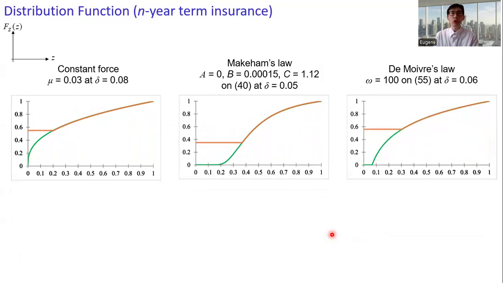And then for the n-year term insurance, when Tx is greater than n, Z is 0. So there's a probability mass at Z equals 0. And then the CDF curve is constant until reaching the time point here, which corresponds to Tx equals n.